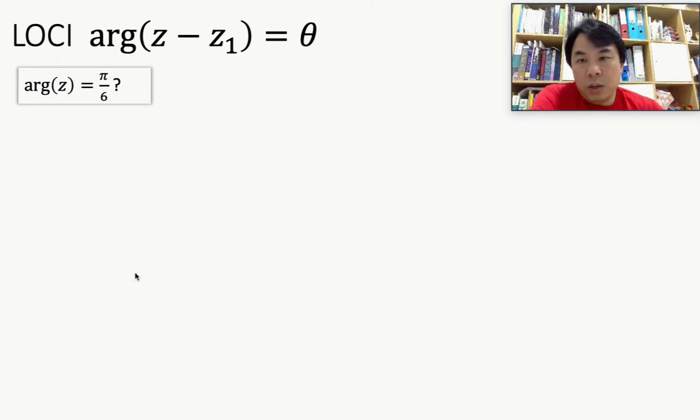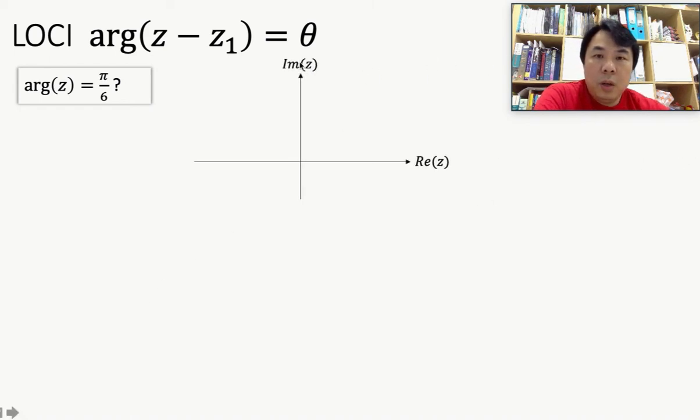So just let me show you how the drawing looks like first. Now first of all, we will have the real axis and the imaginary axis. When they say argument z, basically they are saying we are actually measuring the angle starting from the origin here, and then because the angle pi over 6 is positive, we're going to measure the angle counterclockwise. Okay, counterclockwise 30 degrees.